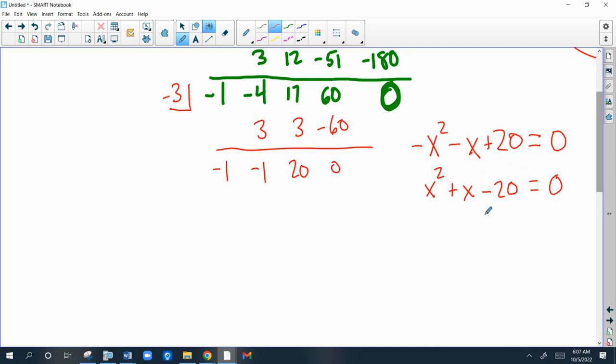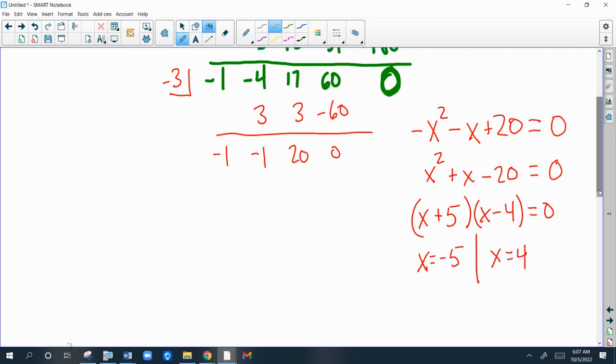So that allows me to do that, and it really doesn't affect anything. So now all I have to do is find factors of -20 that add up to 1. That's easy. It's +5 and -4. So my other two zeros are x equals -5 and x equals 4.